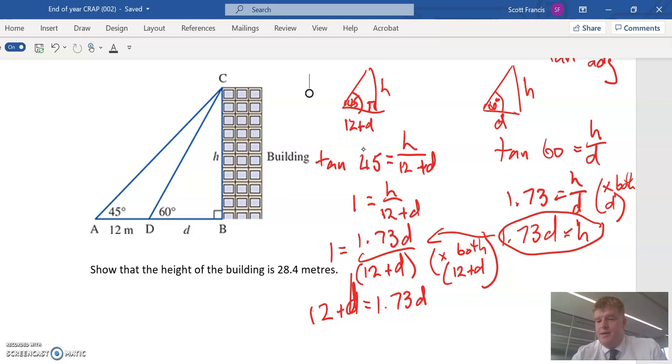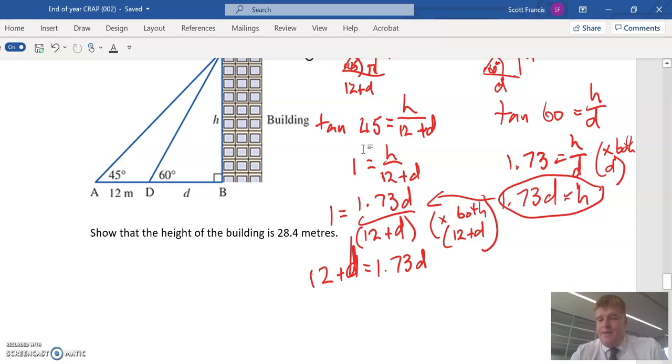Now, this next step is ever so slightly tricky. We want to take away the smallest of the D's, so we subtract D from both sides.